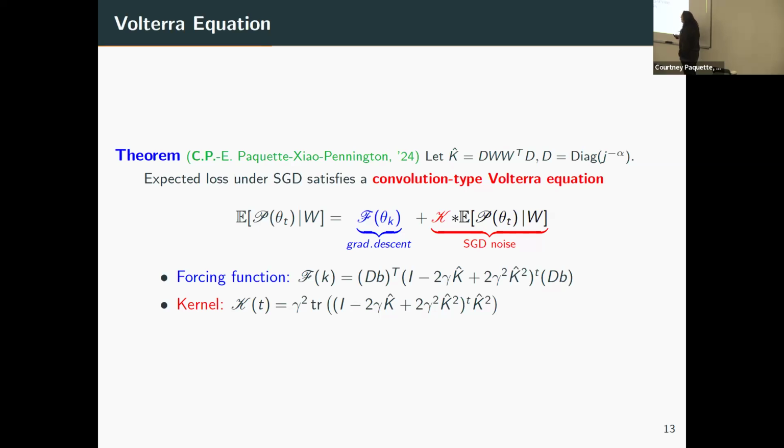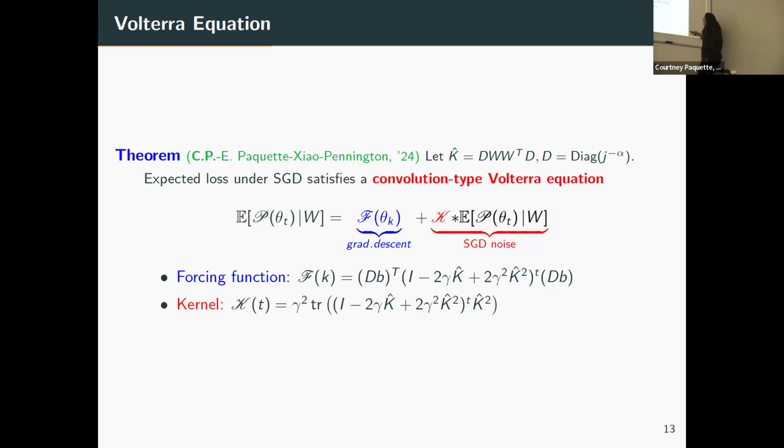Think of it as a first order linear ODE: the loss is equal to a convolution with the loss itself again. You get a term which has to do with gradient descent, what people call the forcing function in an ODE, and the kernel term is the effect of SGD noise. This is how the SGD noise hits your loss in the end.